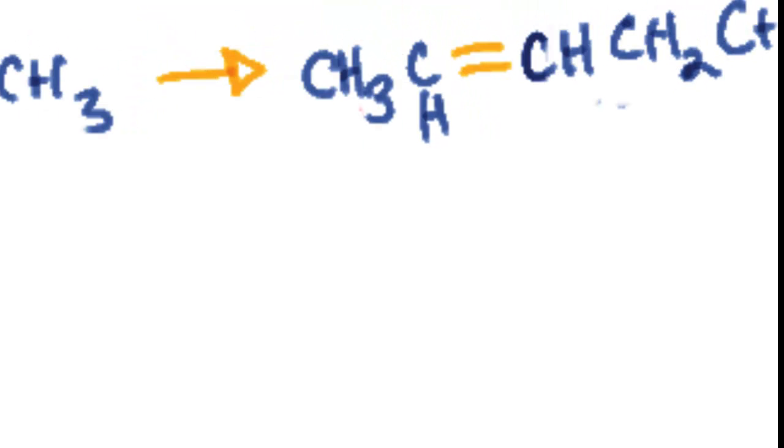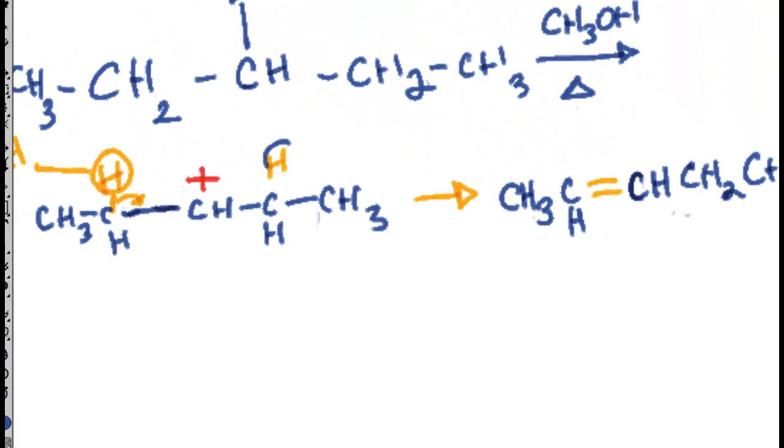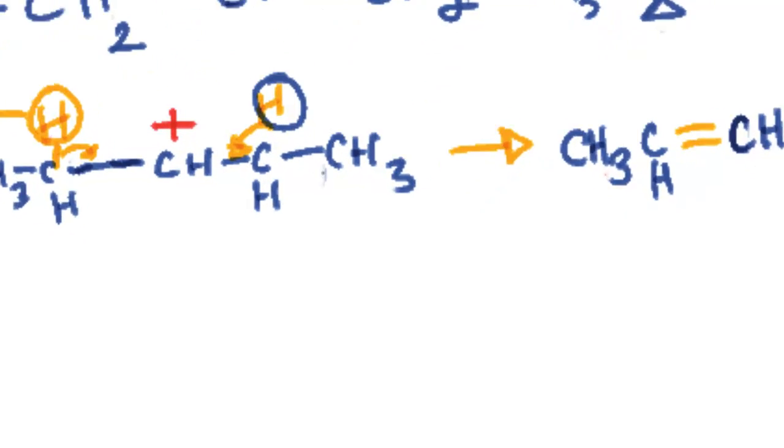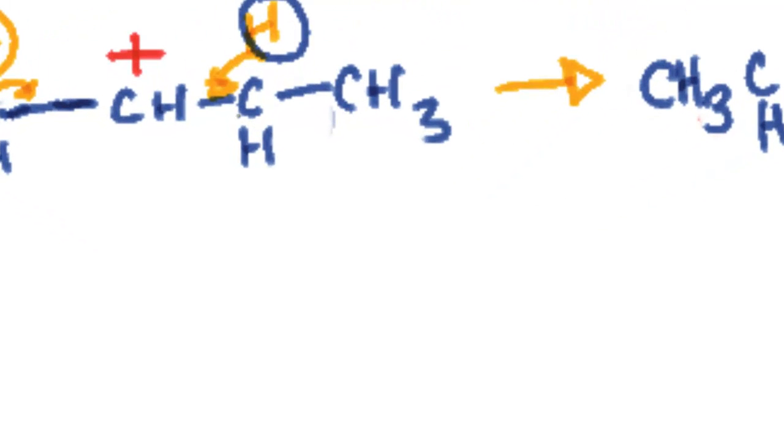Now, just to show you for completeness sake, you get the exact same thing. If I pull away this hydrogen, you would be left with a double bond there, and you would still have one carbon in front of the double bond, and then the 2 carbons of the double bond, and then 2 carbons trailing, just like I have right here.